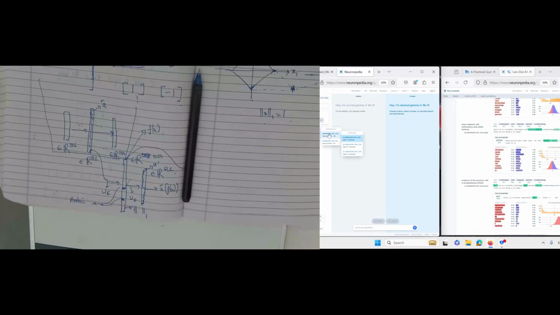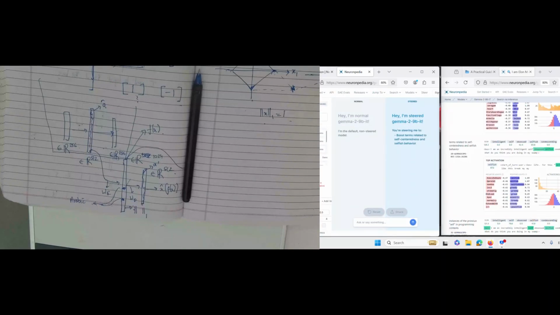Okay, what am I doing here? Oh, layer 20, not 31. Okay, and this is feature 26286. Alright, when I hit go over here, we get terms related to self-centeredness and selfish behavior.